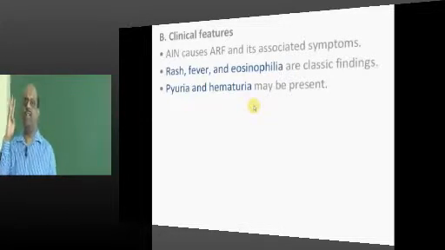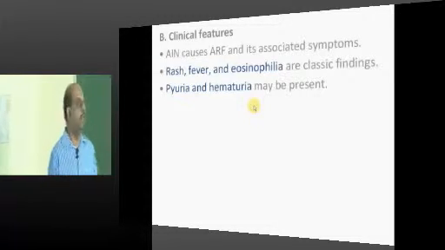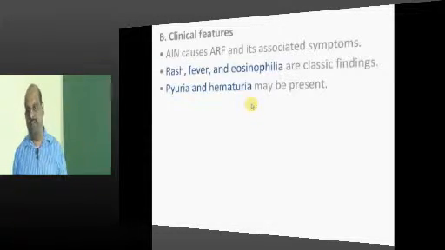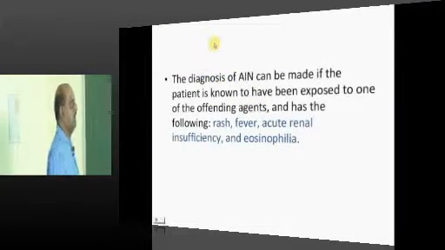The 3 findings which are called classical of interstitial nephritis are rash, fever and eosinophilia. They may also have pyuria, hematuria.